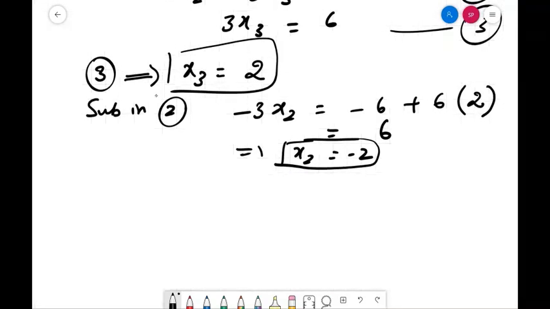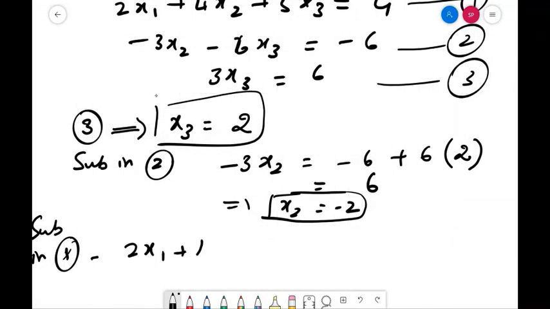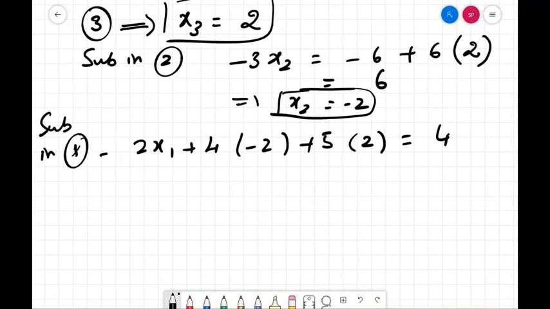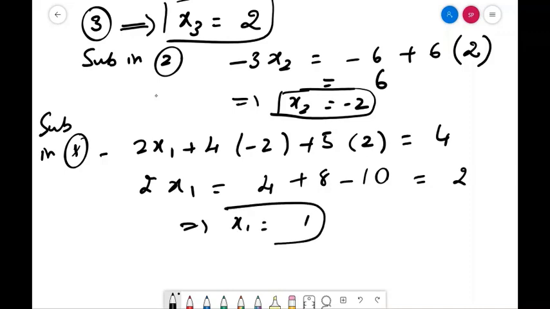Then substitute these two values in equation 1. So what do you have? 2x1 plus 4 into x2, which is minus 2, plus 5 into x3, which is 2, is equal to 4. On simplifying, I get 2x1 equal to 4 plus 8 minus 10, so 2x1 is equal to 2, which implies x1 is equal to 1.